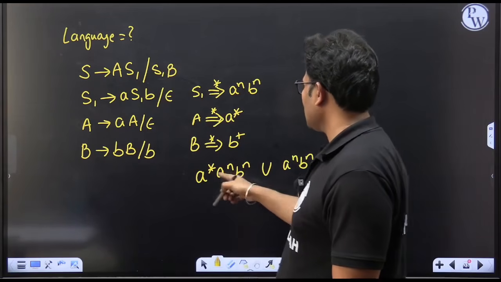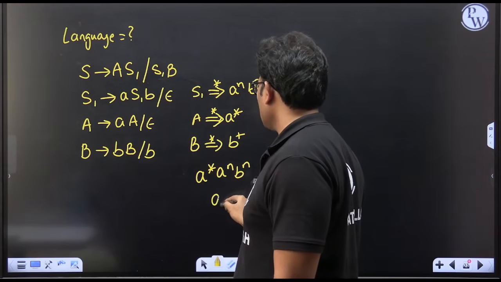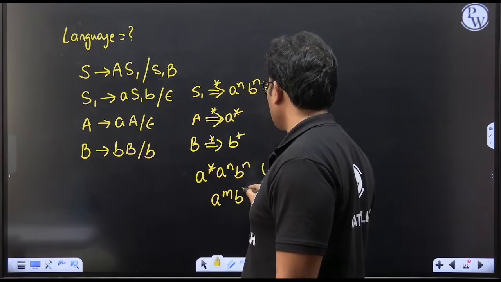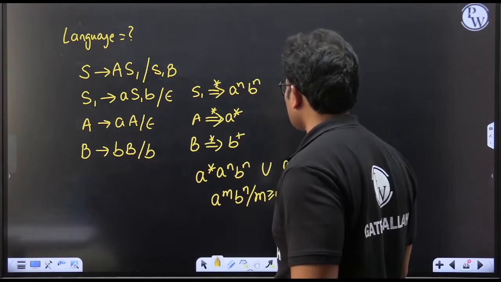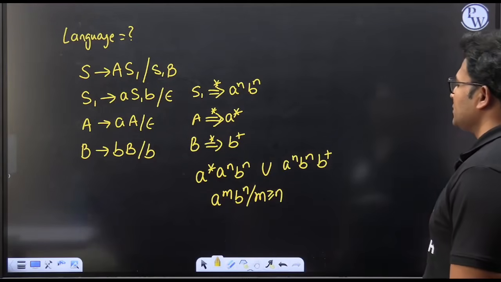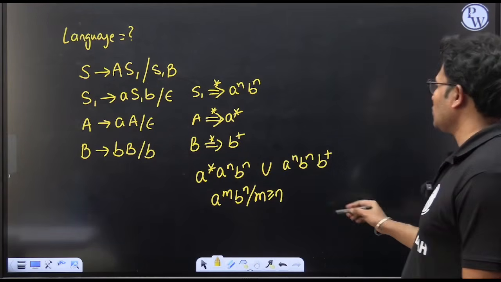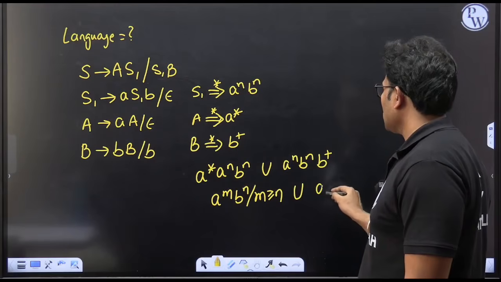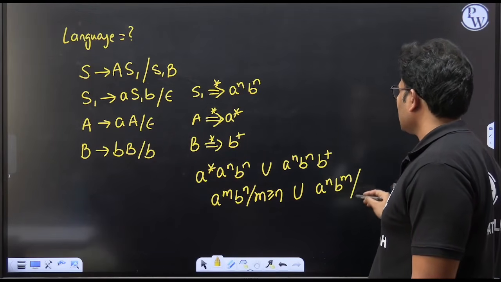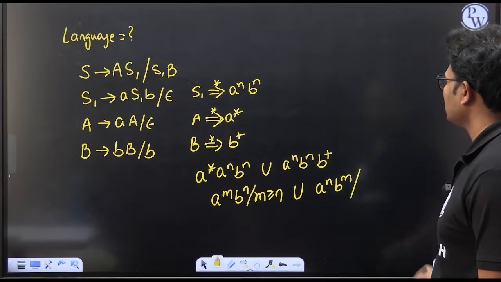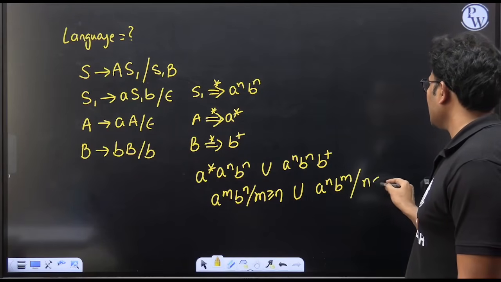So what can I write this one as? I can write it as a power m, b power n such that m is greater than or equal to n, union a power n, b power n such that n is less than m.